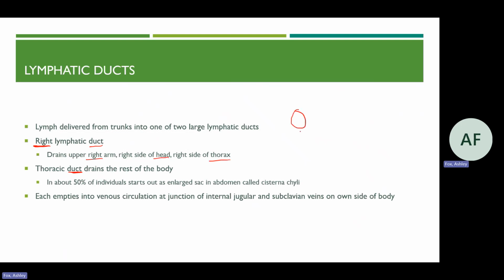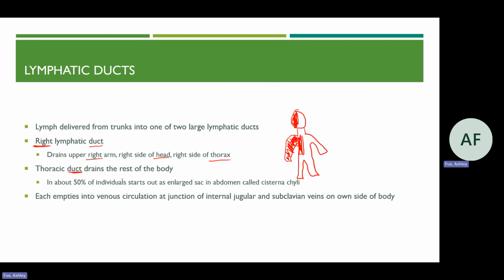So the right lymphatic duct is going to be the right side of the head, the right upper arm, kind of right arm there, and then the right side of the thorax. This is going to be this area.